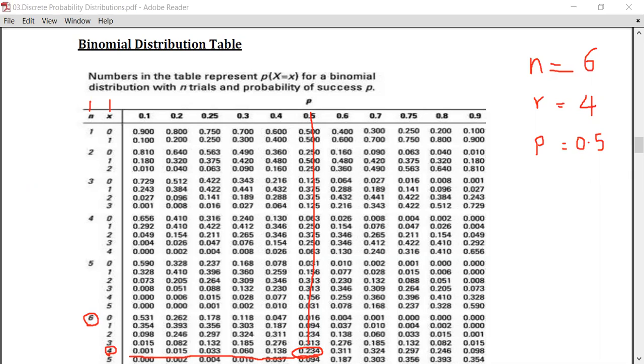It is the value that we also obtained from the formula. Therefore, you can use the binomial distribution table, but only for specific values of p. If you use the formula, you can use it for whatever values of n, x and p.